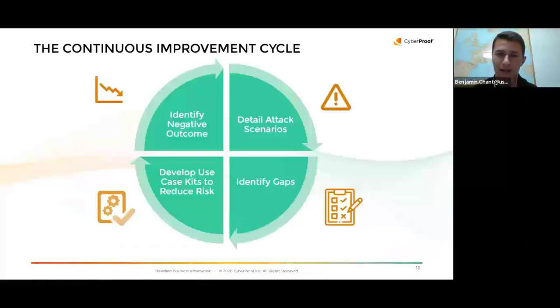And what do we mean by continuous improvement? Well, this is something we go through with customers. We typically start by identifying what we call negative outcomes, or business risks, or loss events, however you want to call it.